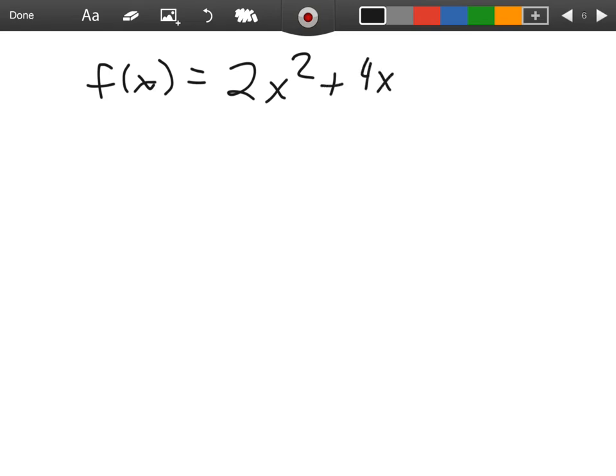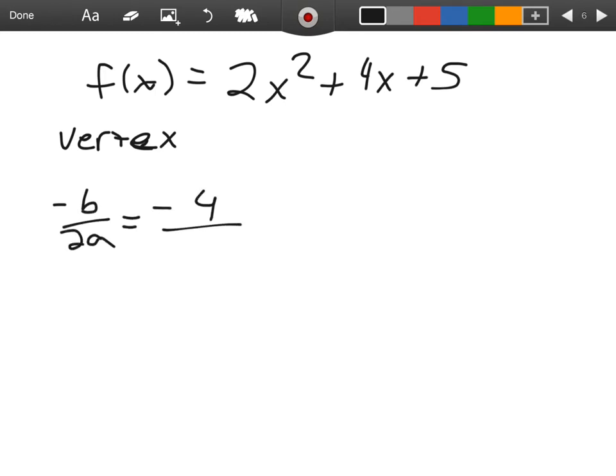Okay, for example, let's say I have f of x is 2x squared plus 4x plus 5. If I want to find the vertex, we want to first find negative b over 2a.